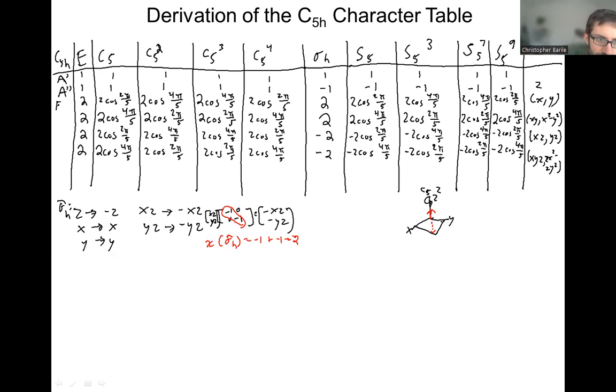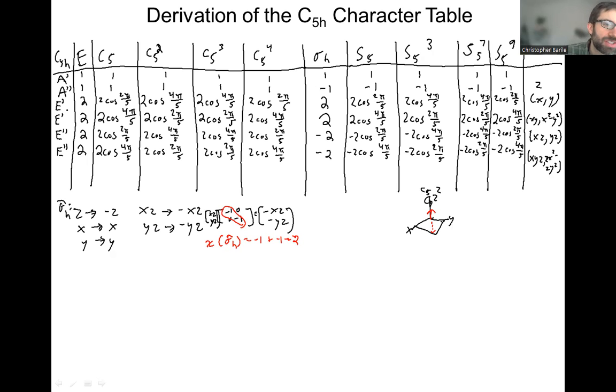And for dimensionalities of 2, we give it an E. And so we give it a value, again, of prime or double prime. And so here we're symmetric, so we're going to call these prime. And here we're antisymmetric, negative values for sigma h, so we give it double prime.